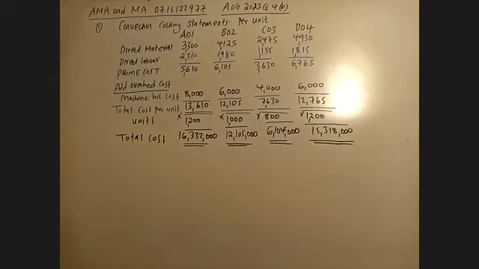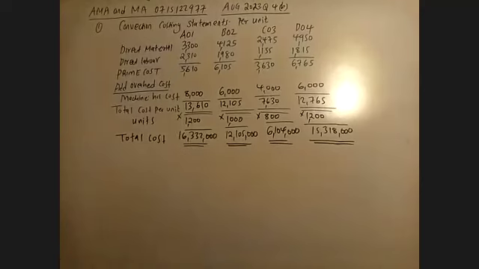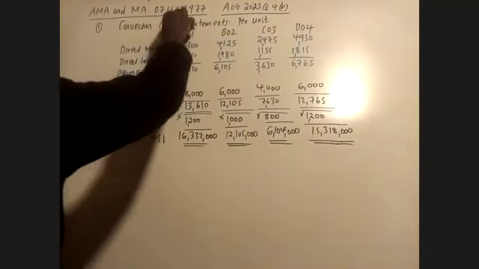Now let's go to part B for the ABC system. So ABC or ABB, activity-based budgeting. Now, whatever you want to call it, that is on you.